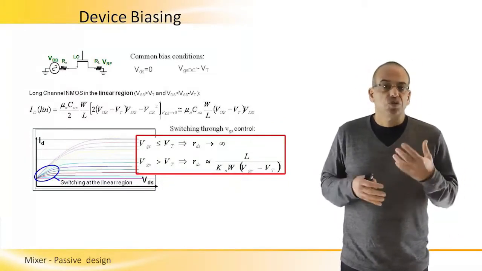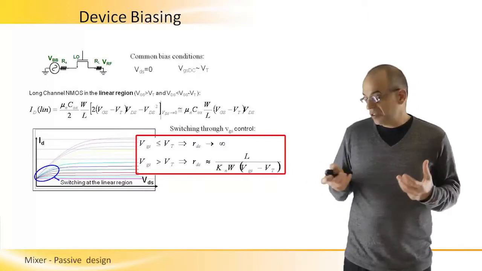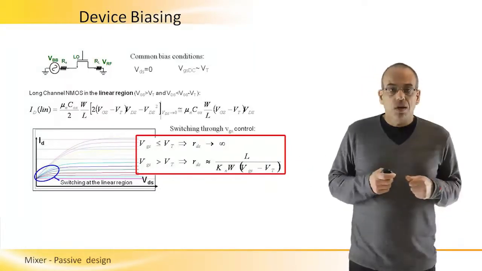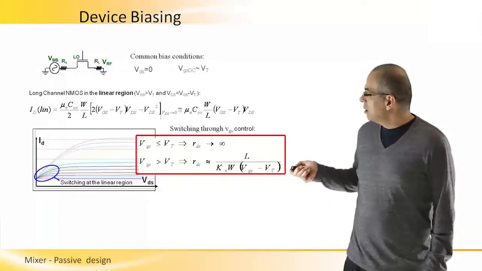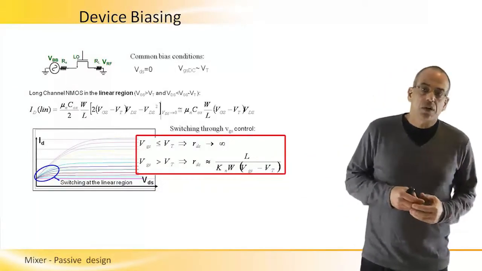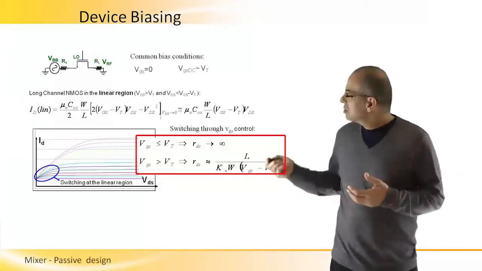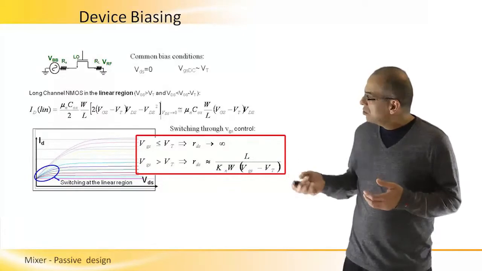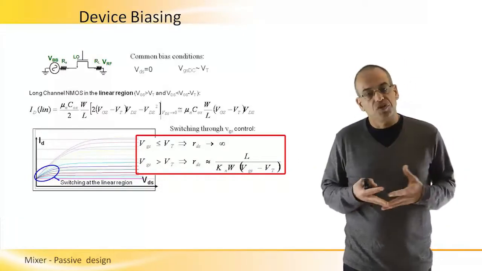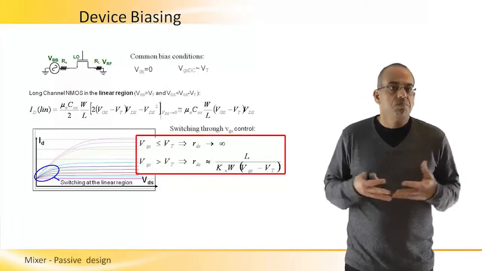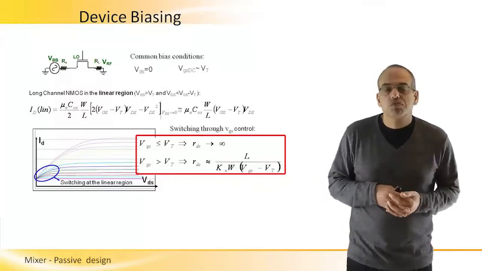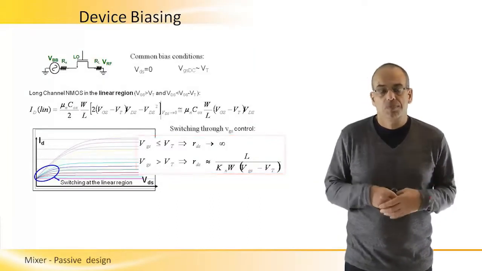So we don't want to use too big of transistors here. So we switch between very high drain-source resistance to fairly low compared to 50 ohms, but it can be, as I said, 20 or 30 ohms.